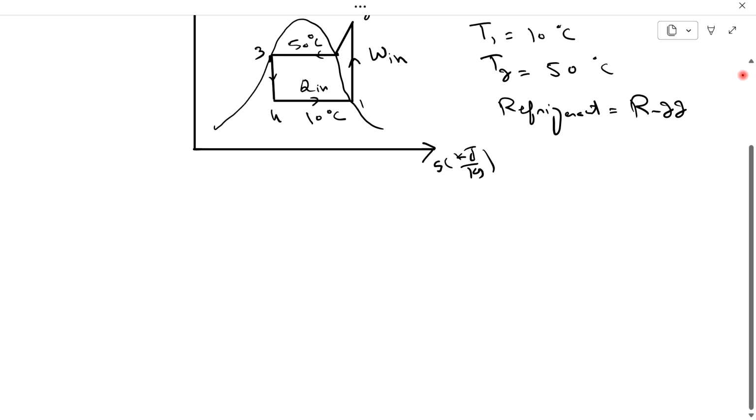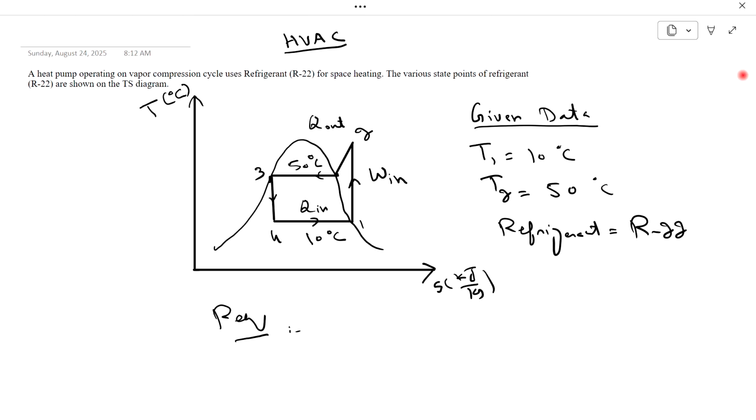Now, there are some things required in the problem. Number 1 is the refrigeration effect. Number 2 is the work of compressor.